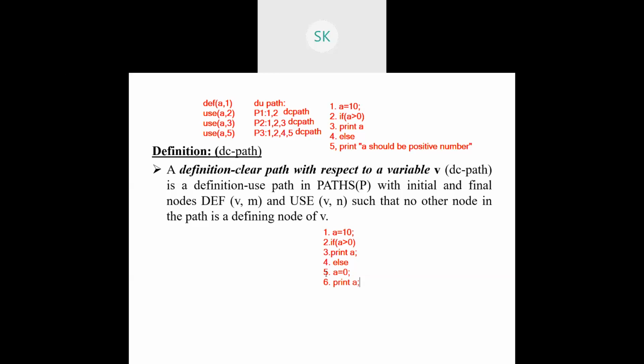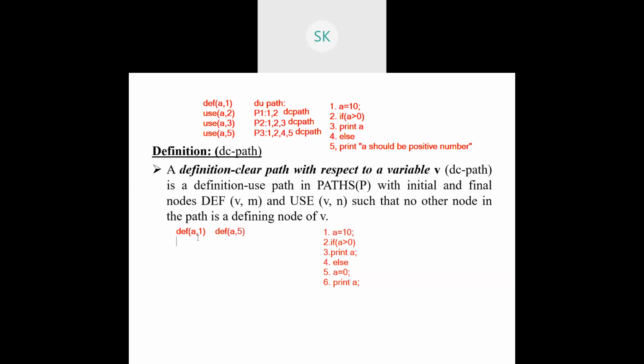That's it, nothing else. If you start finding out all the definition nodes and all the usage nodes, the definition with respect to variable A happens in two places. One is the first node, and the second is A comma 5.